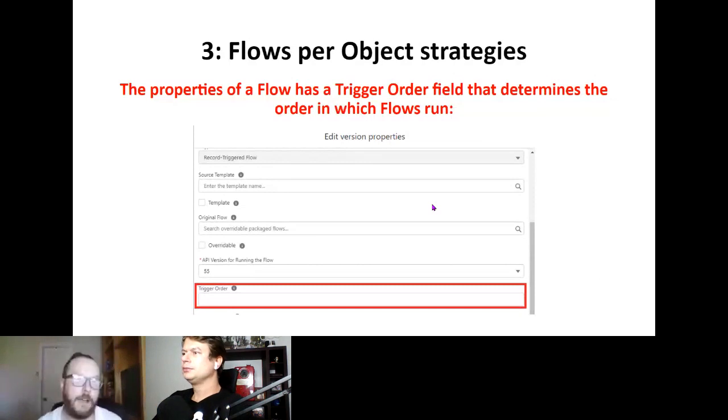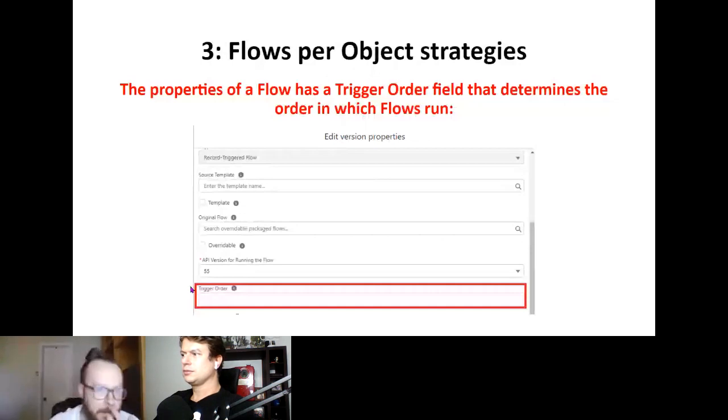So let's say you have 5 after save flows on the account, and they're numbered 1, 10, 20, 30, 40. Those flows are going to run in numerical order, starting with the smallest. So the one with trigger order 1 will go first, then 10, then 20, and so on. So that's how you control the order.